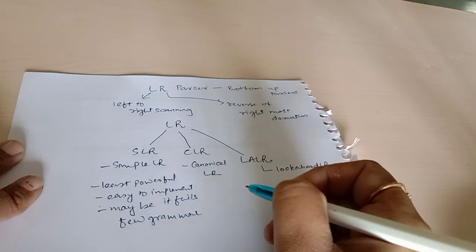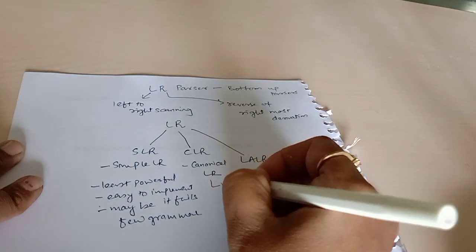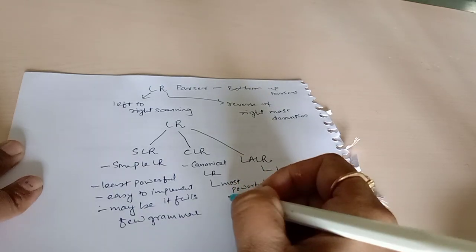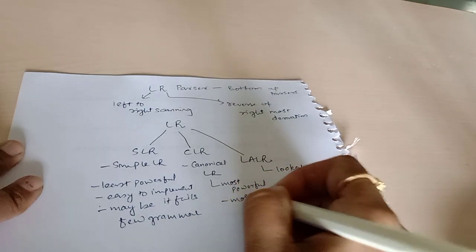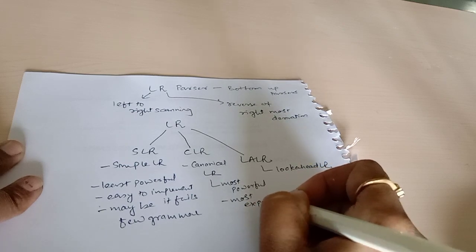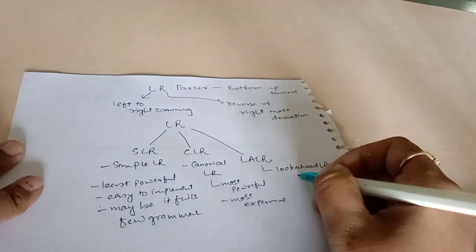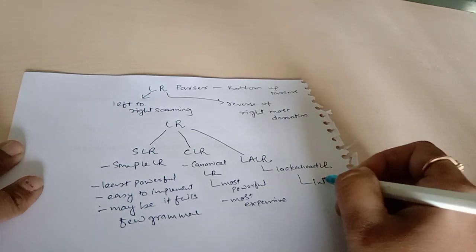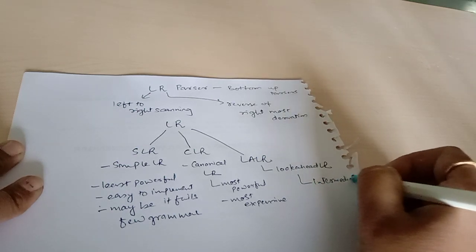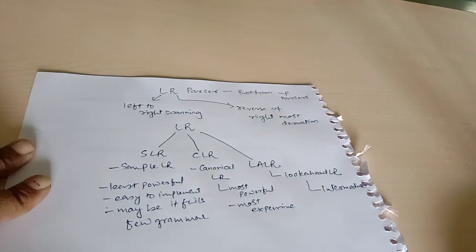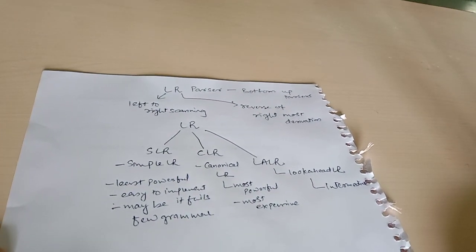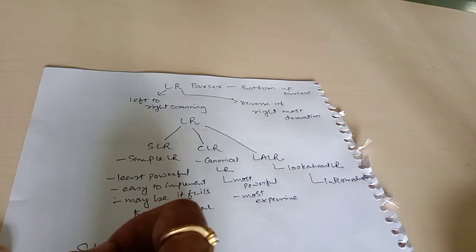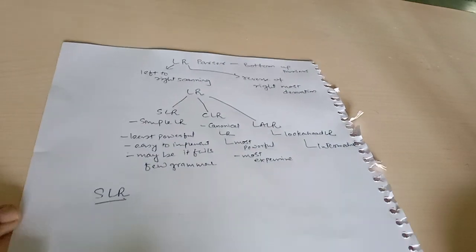While the canonical LR is the most powerful among the three and most expensive. The look ahead LR, we can say that it is the intermediate one. We are going to see all these three techniques in detail, but today we are interested in studying the SLR. So today we will start with the SLR in this video.